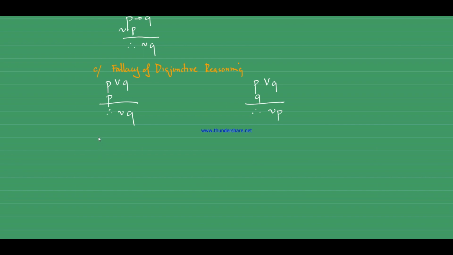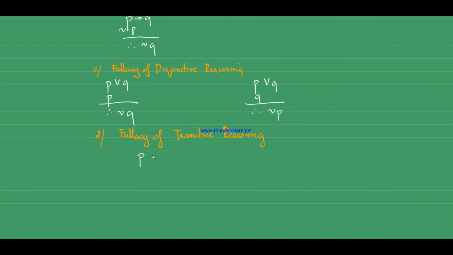Then finally we have the fallacy of transitive reasoning. The transitive reasoning fallacy goes like this.